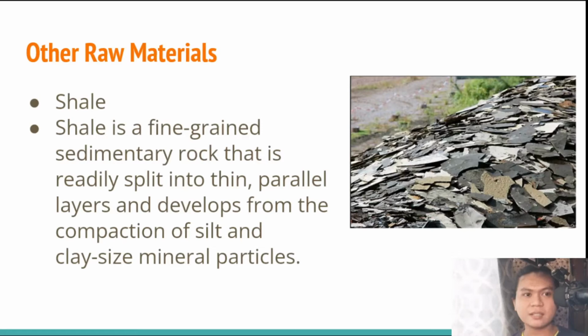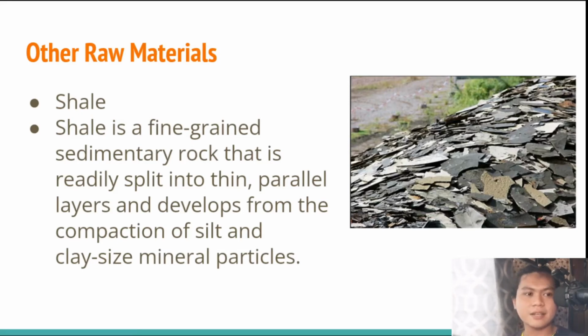It's shale, and shale is a fine-grained sedimentary rock that is readily split into thin parallel layers and develops from the compaction of silt and clay-sized mineral particles. So shale contains the other chemicals that would be necessary for the cement. Those elements will be discussed further in the further phases of today's topic report.